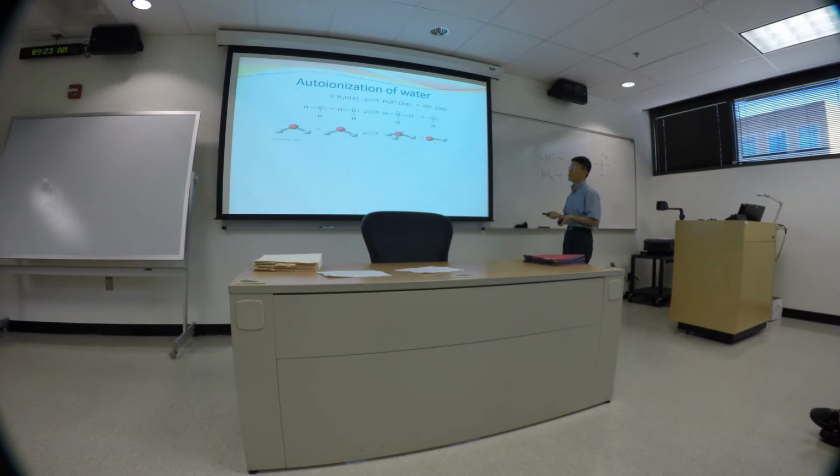Okay, so first of all, how do we define acid base? And we give you the definition. But something interesting about water, aqueous solution, is that water can actually act either as an acid or a base. Now, what happens if you put two water molecules together? Well, there is what we call an autoionization of water. Not on a large scale, on a very small scale.